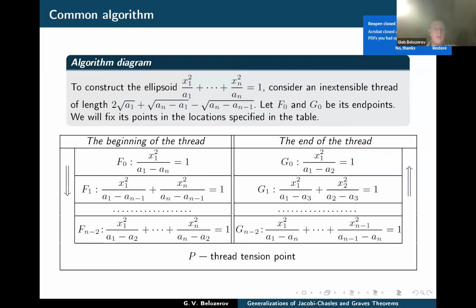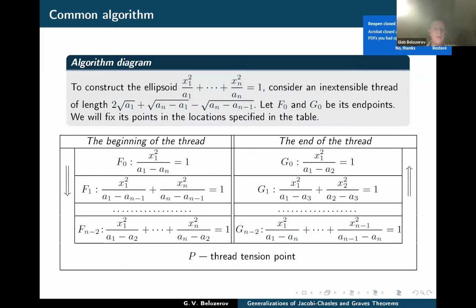F0 is a fixed point. Point F1 moves along the hyperbola, and so on. F n minus 1 moves along this quadric of dimension n minus 2. P is the thread tension point.